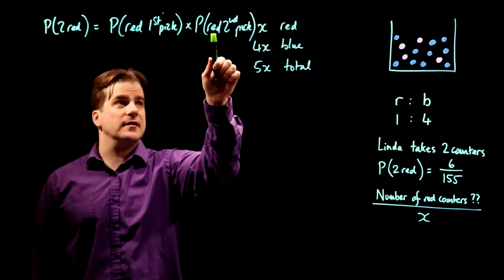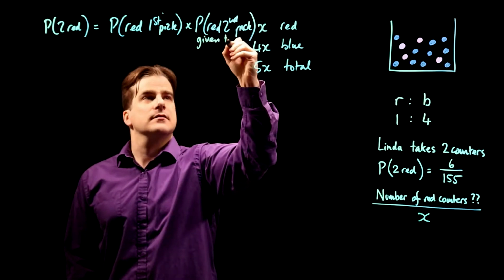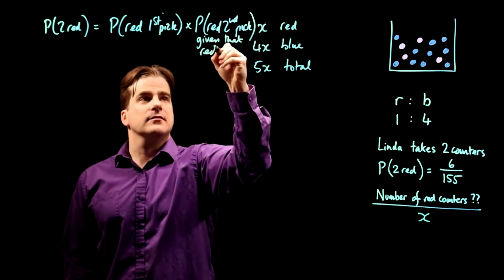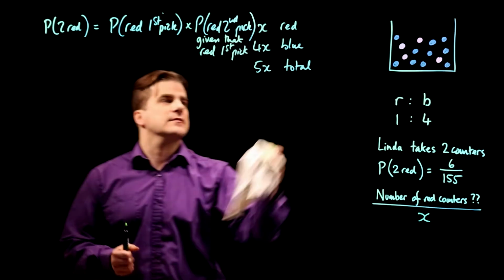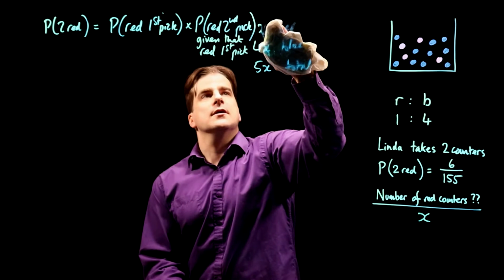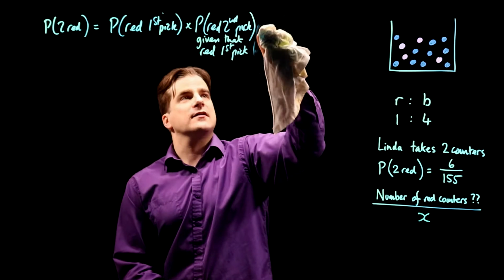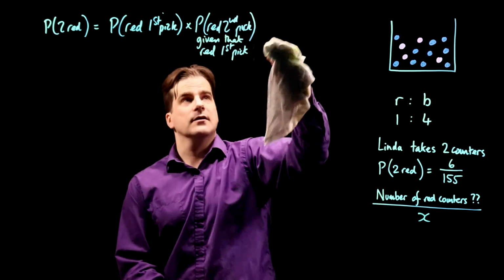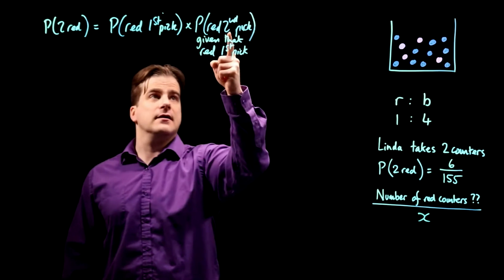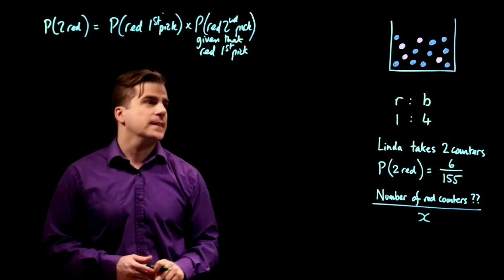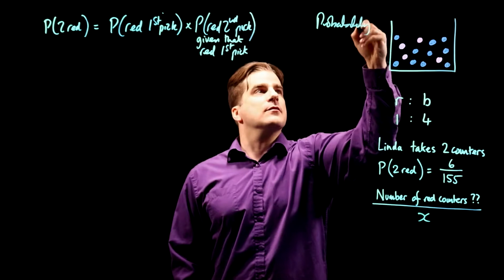So it's really the probability of choosing a red with the second pick, given that you got a red with the first pick. Because it's probability without replacement, the fact you've chosen a red with the first pick affects what the second probability would be. If you'd chosen a blue with the first pick, that would be different.